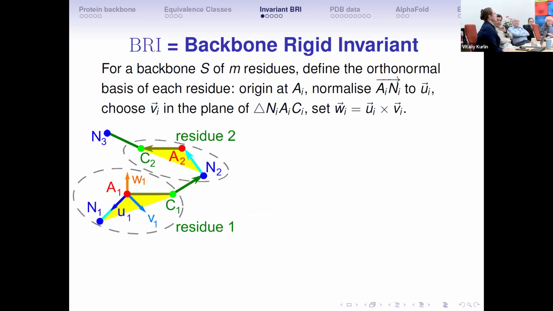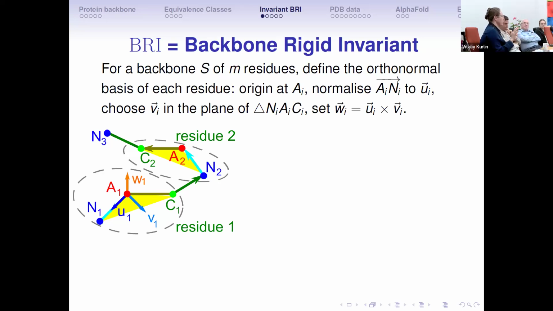So how do we solve this problem? We solve this problem by introducing the so-called backbone rigid invariant. So how do we construct it? We take a chain of M amino acids, or M residues.